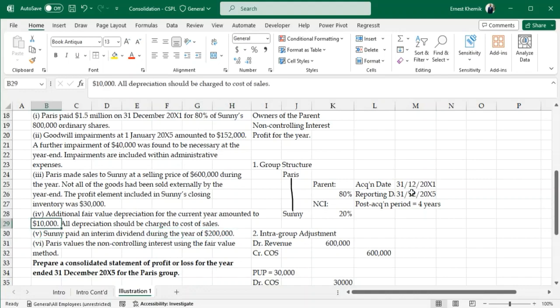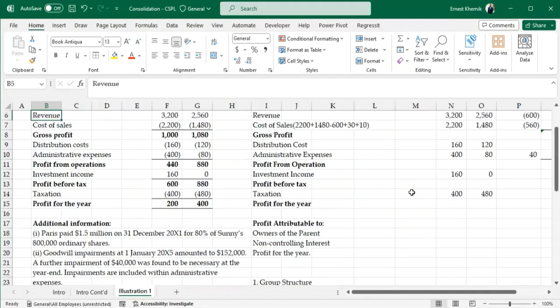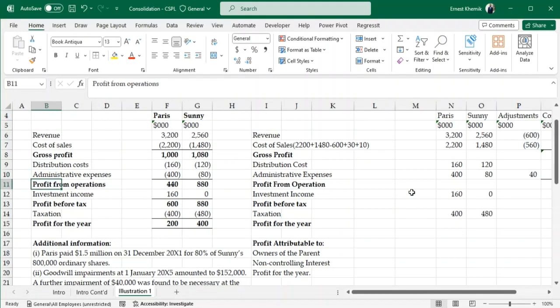All right, and this particular dividend is likely to be the investment income to the parents. That is why we have just 160,000 under the parents and 0 for the subsidiary, which means the subsidiary doesn't have any investment outside of the group. All right, so this is deemed as an intra-group transaction, and hence is going to be eliminated.